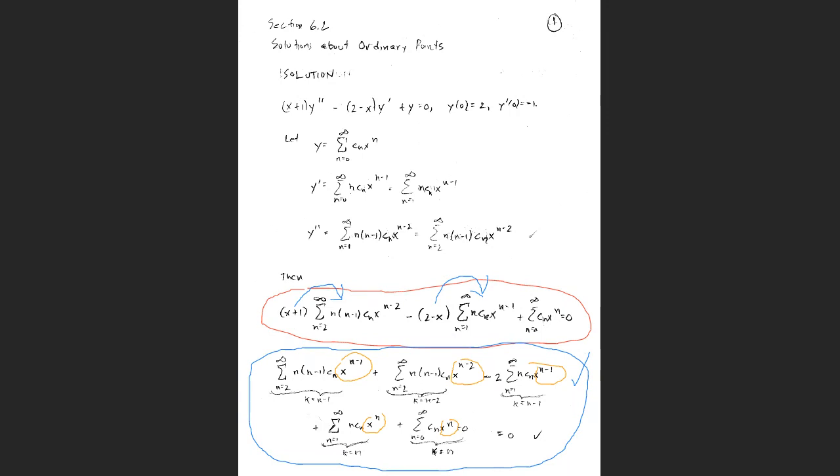So the first power series we let k equals n minus 1. The second power series, k equals n minus 2. Third power series, k equals n minus 1. We want x to the kth power, right? That's why we're assigning as appropriate. Fourth power series k equals n, and the last power series is k equals n also.